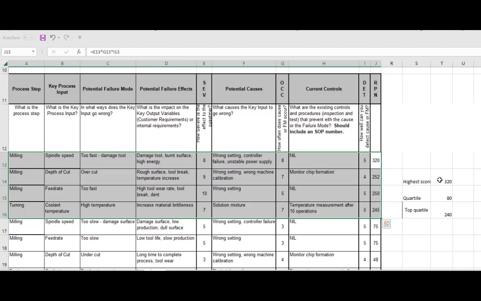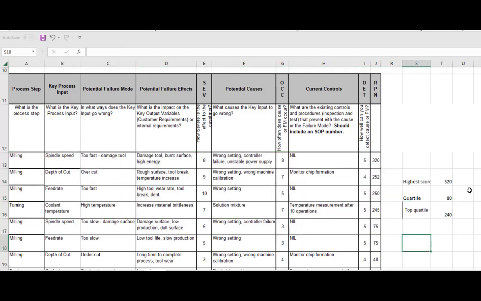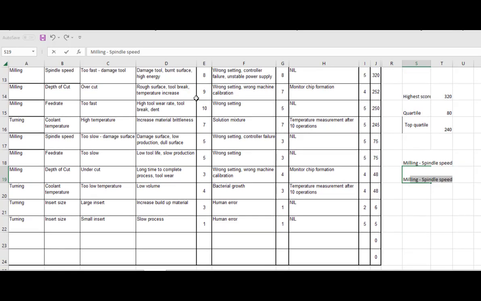Okay, so in this example, we will choose the milling, which refers to spindle speed, then milling depth of cut, then milling feed rate, and finally the turning process coolant temperature.